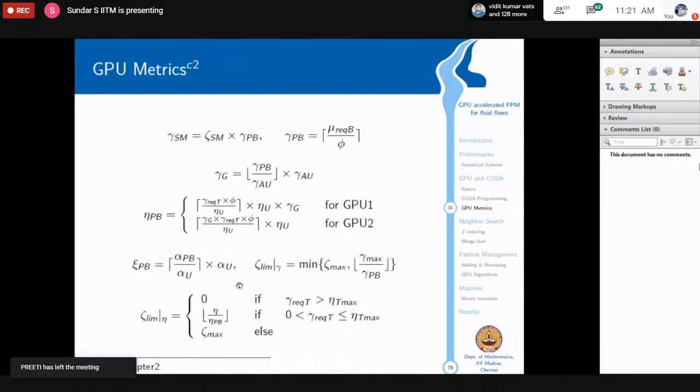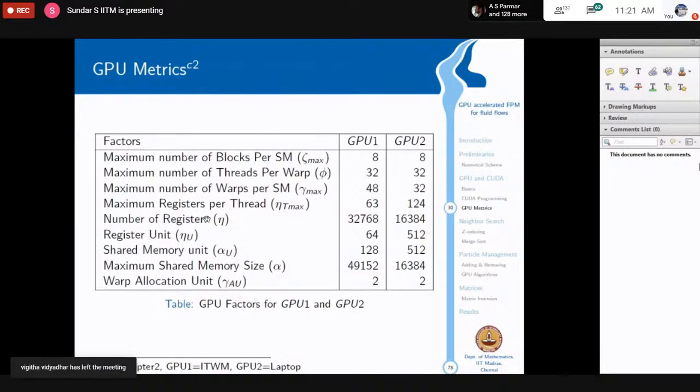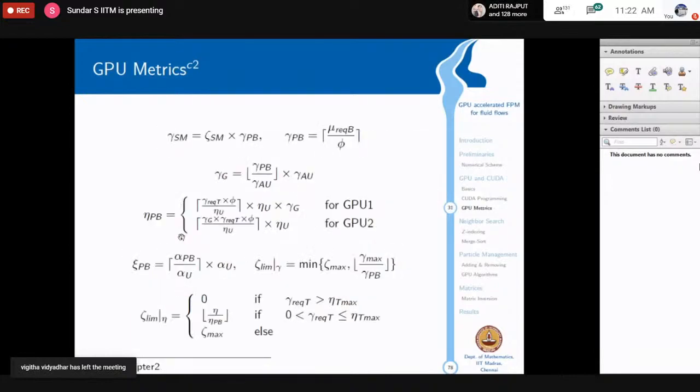These are all very important, so that is why I put gamma sm. Whenever I talk about eta pb, it is basically based on the register unit, and it is computed on GPU1 and GPU2. So it varies with which system you are using.